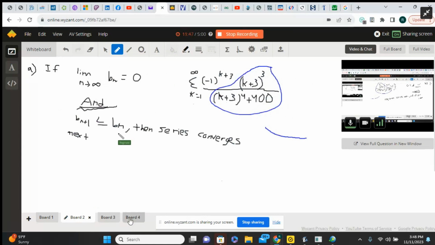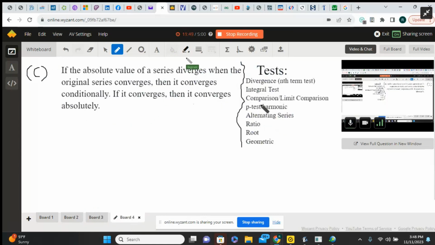All right, so here are our options: the divergence or nth-term test, integral test, comparison, limit comparison, and so on and so forth. We already know it's not geometric.